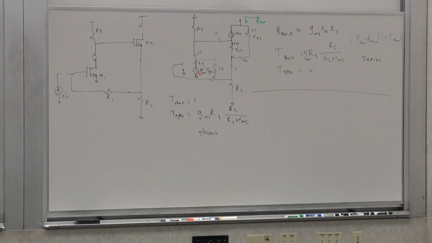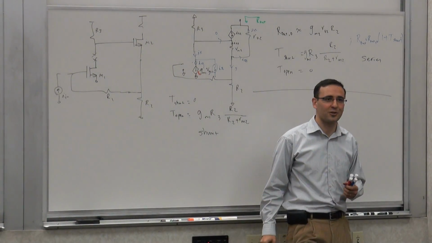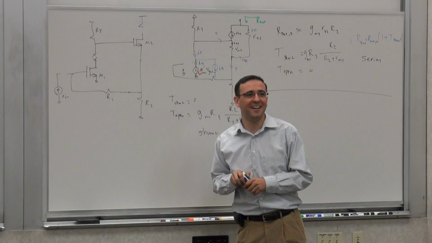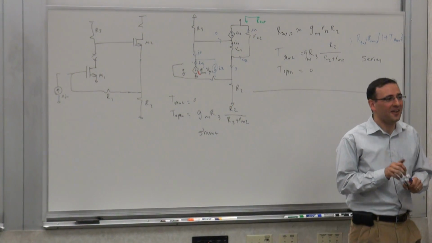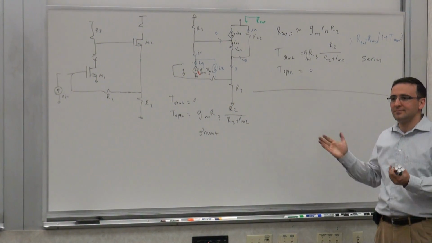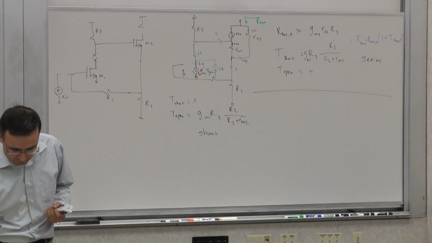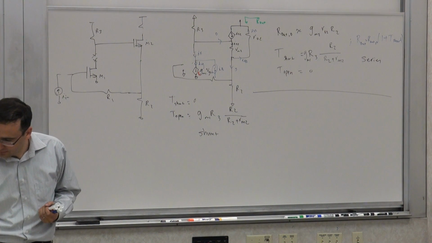What kind of feedback is this circuit? And if I'm asking that question, it means that you don't understand this well, or I'm trying to trick you, or both. Okay, all right. Does this make sense? Are we okay with this?